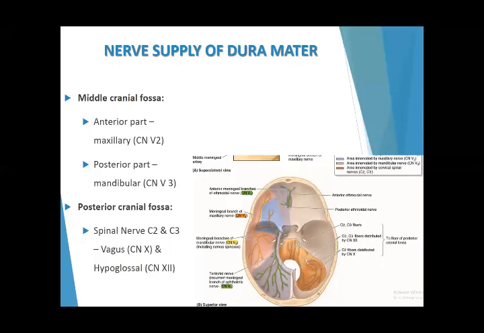In fact, ये spinal branches जो हैं C2 and C3 की, ये सप्लाई करती हैं. अब ये स्पाइनल ब्रांचेस कैसे आती हैं? These spinal branches of C2 and C3, they travel with the 10th cranial nerve, that is the vagus nerve, and also the 12th cranial nerve, which is the hypoglossal.